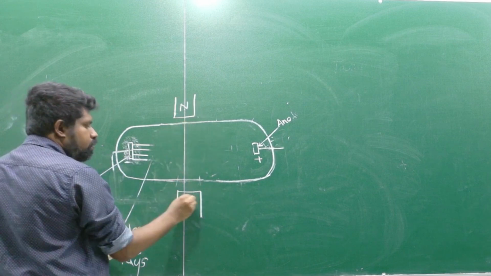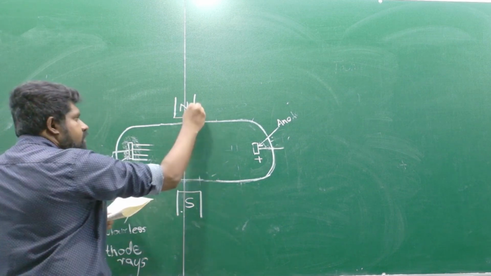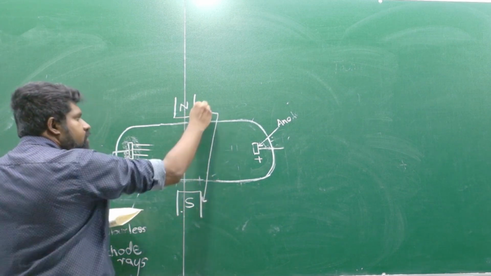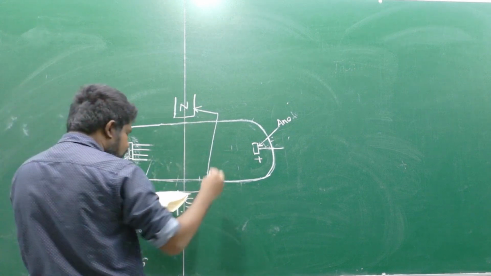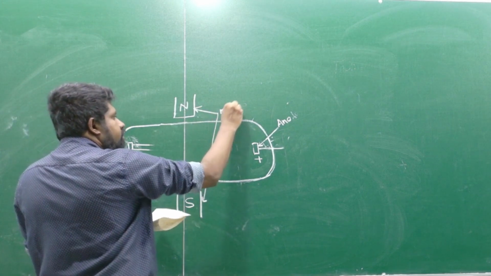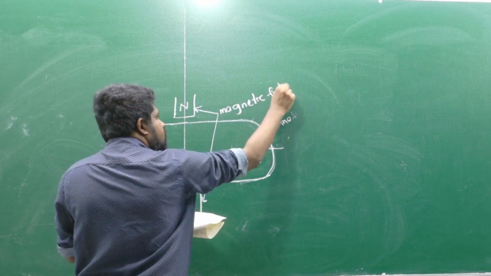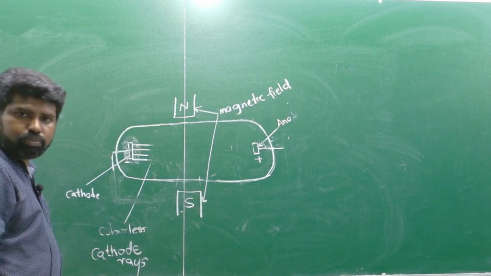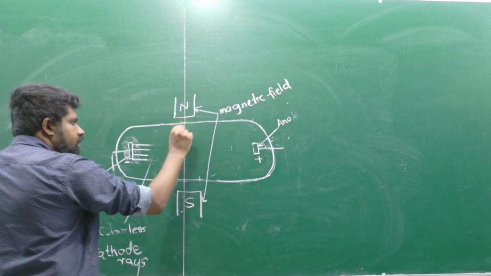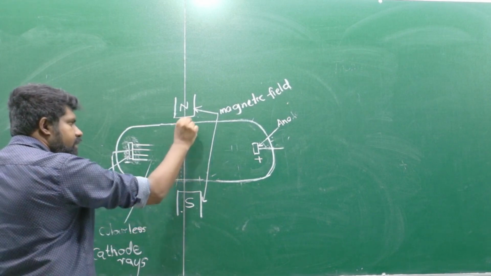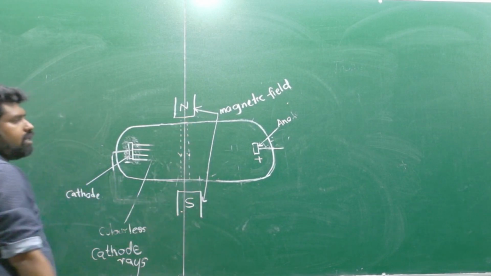A magnetic field can be generated using magnetic poles, north pole and south pole. In between we can see there is a magnetic field generated in this direction, from N to S.